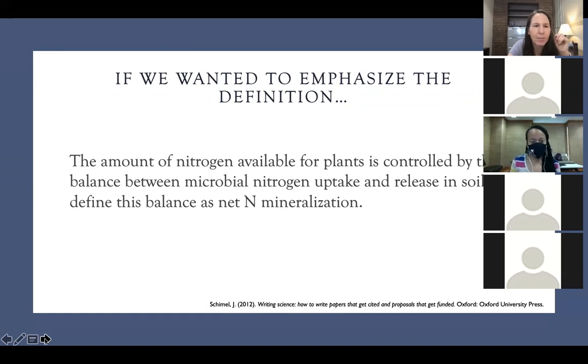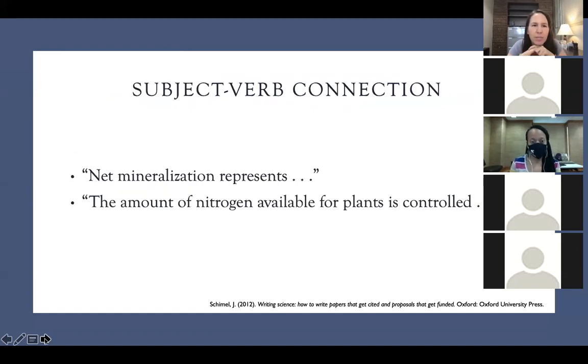Now, you remember I mentioned that you want to keep your topic close to your action. "Net mineralization represents": the topic comes right before the action. In the second sentence, "the amount of nitrogen available for plants is controlled," we have a longer gap between the topic and the action here.